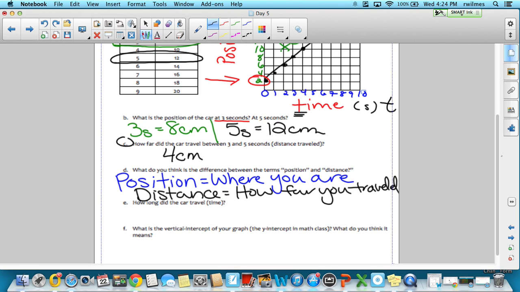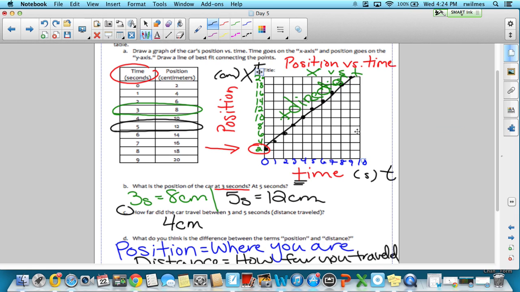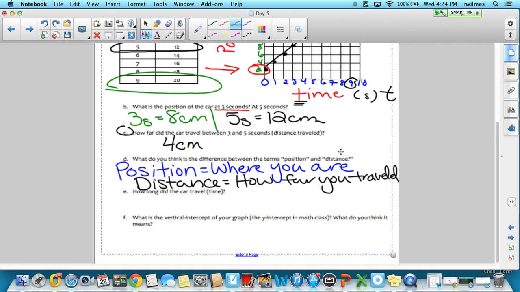All right, excellent. How long did it take the car to travel? Well, if we go back up here and look at our graph, we can see we only have data through 9 seconds. So we don't know what happens after that. And we can also look at our data table to figure that out. We only have 9 seconds worth of data. So we only know that the car has traveled for 9 seconds.